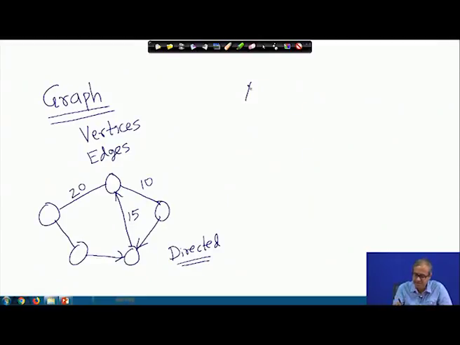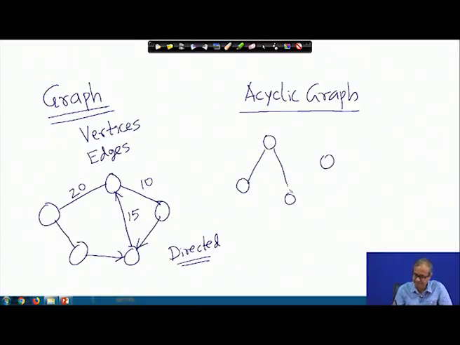Now, there is another term which we use, called an acyclic graph. A cycle in a graph means something like this. Suppose I have a graph. So, let us add directions to the edges.